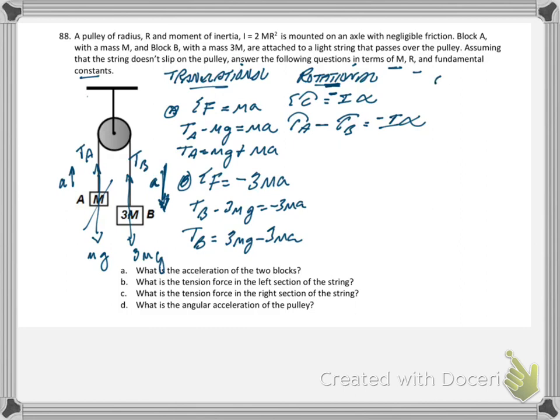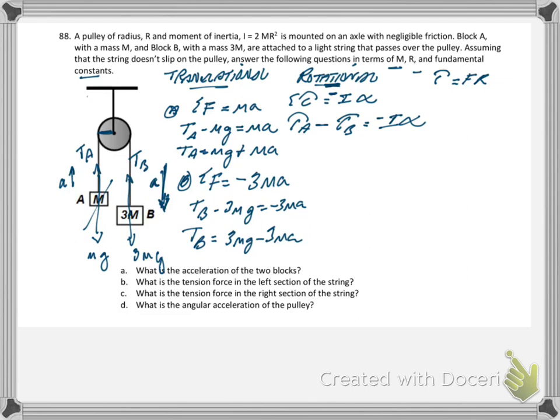We know that torque is equal to force times distance from the center, a line connecting to the axis of rotation, times sine theta. Since we're pulling this off at 90 degrees, the sine of 90 is going to be 1, so sine theta we can forget about. And what force is acting here?